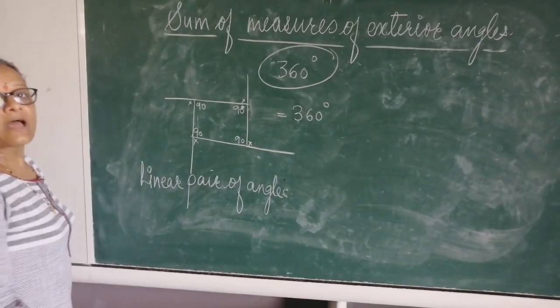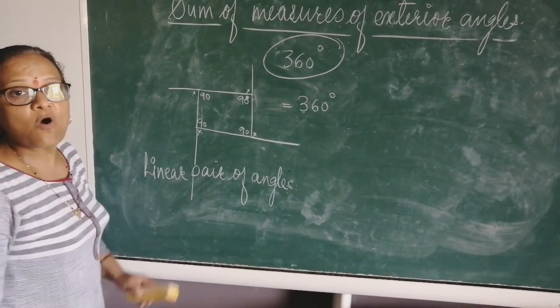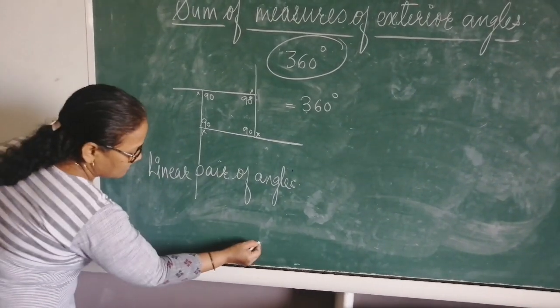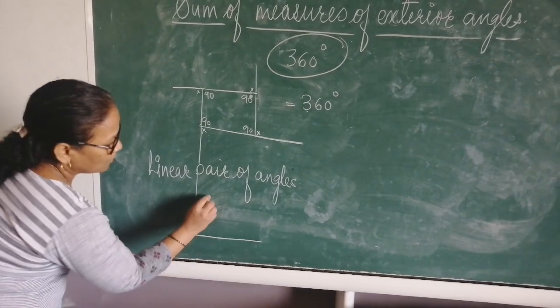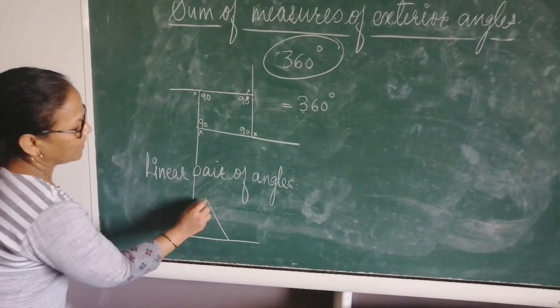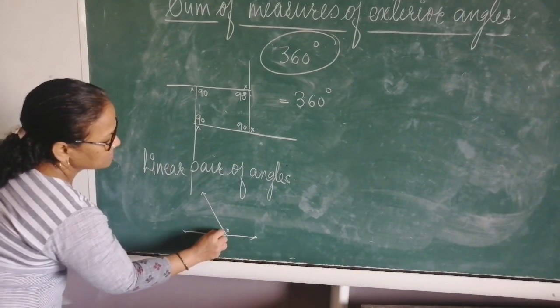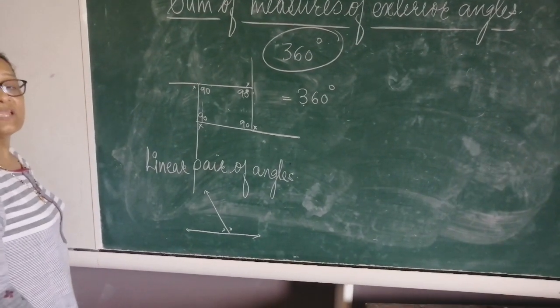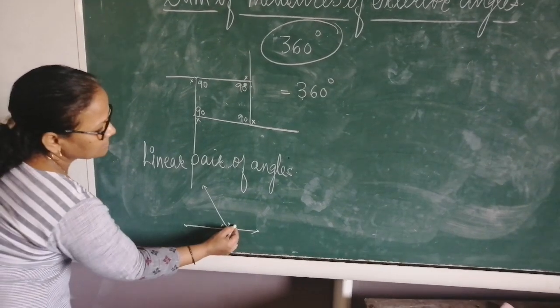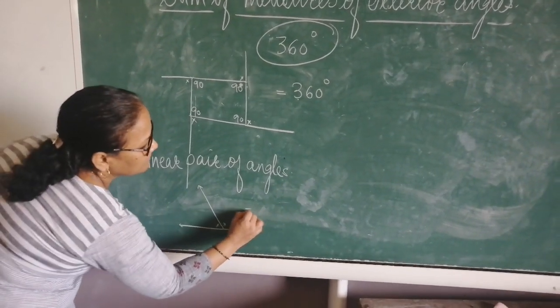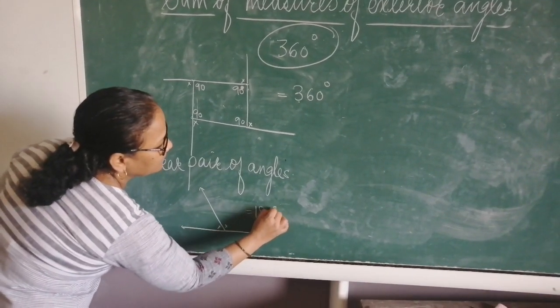Linear pair of angles means the angles which are formed on the same line. Suppose this is a line on which these two angles are formed. These two are called a linear pair of angles, and the sum of a linear pair of angles is 180 degrees.